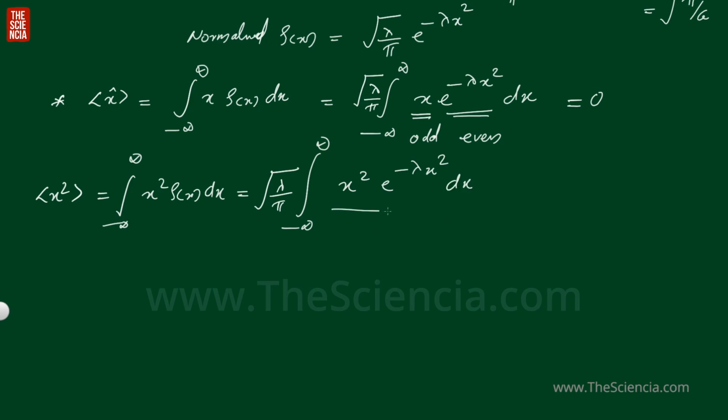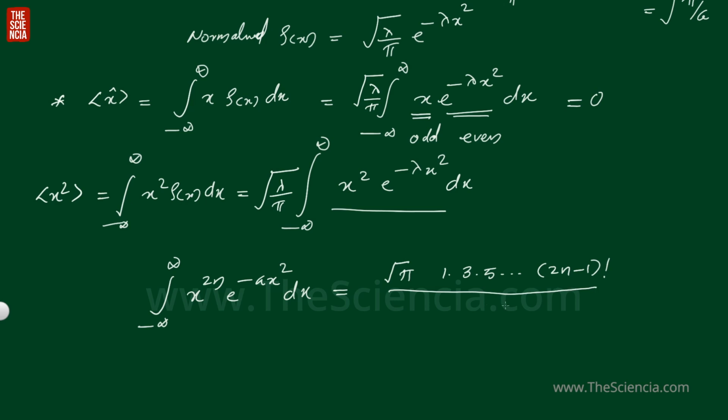Here I tell you an important formula to solve this kind of integral: the integral from minus infinity to infinity of x raised to 2n e raised to minus a x squared dx is equal to root pi times 1 into 3 into 5 and so on up to (2n minus 1), divided by 2 raised to n times a raised to (n plus 1 by 2). This is a very important formula to solve this kind of integrals.